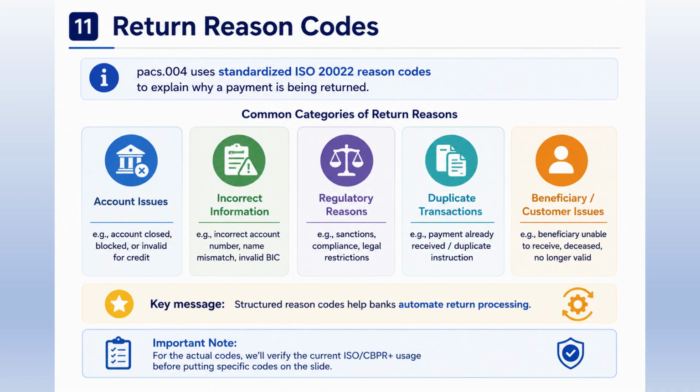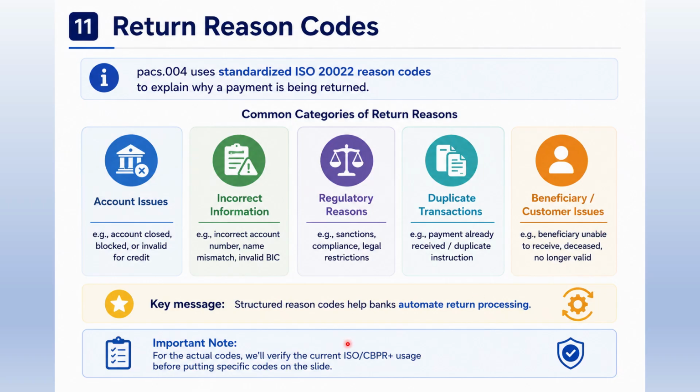ISO 20022 uses structured return reason information. This is important because banks should not depend only on free text explanations. Common categories of return reasons can be related to account issues, incorrect information, regulatory reasons, duplicate transactions, or beneficiary and customer-related issues.